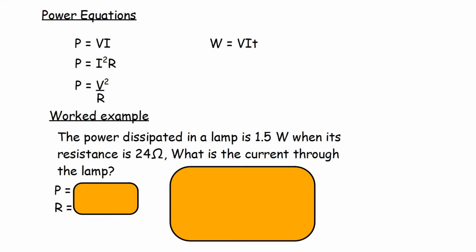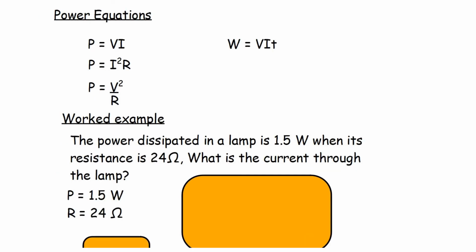Worked example. The power dissipated in a lamp is 1.5 watts when its resistance is 24 ohms. What is the current through the lamp? Pause the video, write down your working, and your answer should have the correct units. So just put out the values you've got.